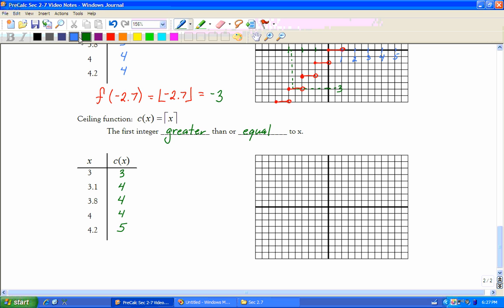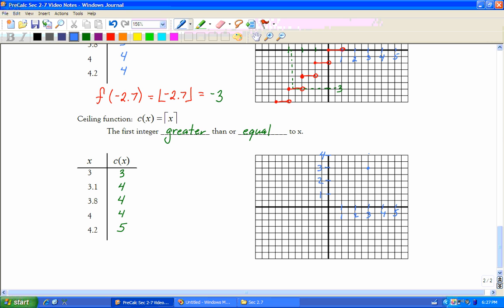So if we look at our graph, let's set up the same scale that we had above. Okay, so we would have 3, 3. That would be a closed circle. But when we go past 3, it jumps to 4.